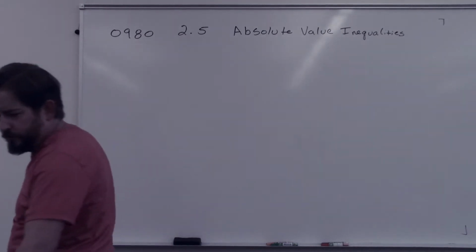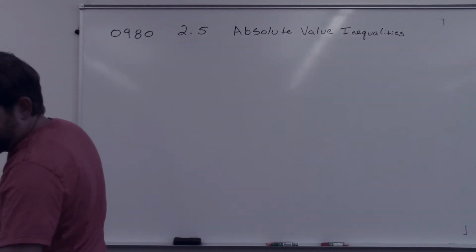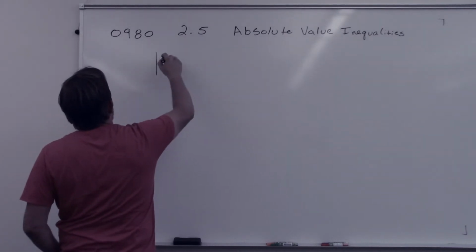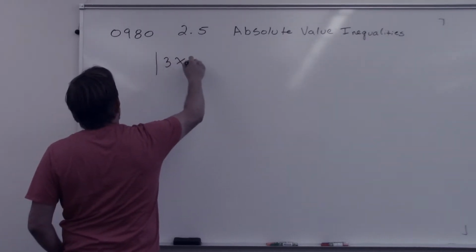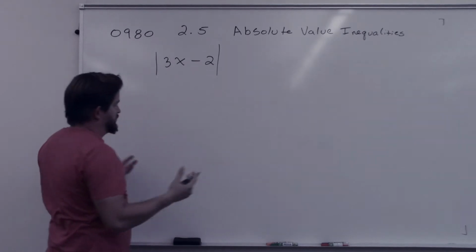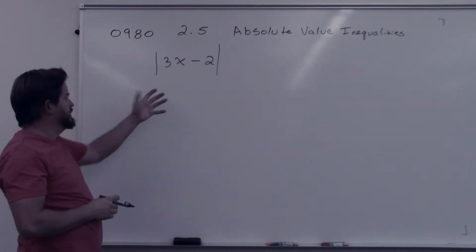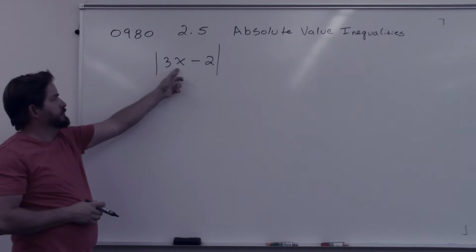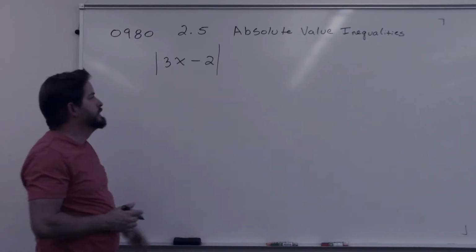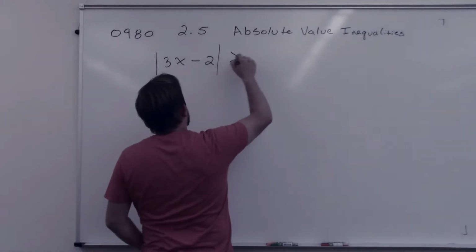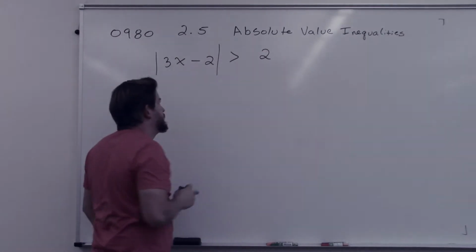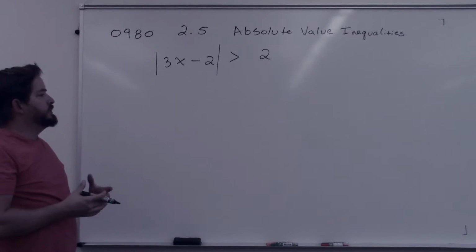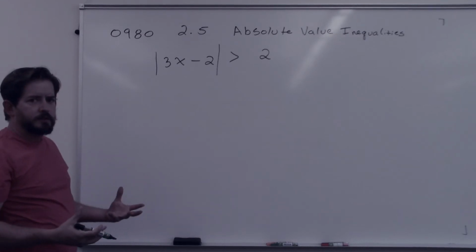Let's say we have an expression, say the magnitude, or you can call it the absolute value, it's the same thing. The magnitude of 3x minus 2, let's say that has to be greater than 2, right? And so we saw that this turns into an OR conjunction.